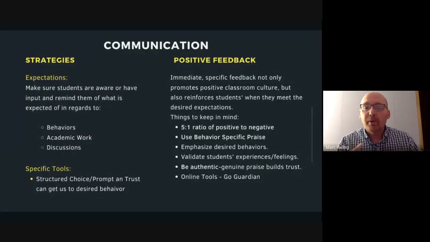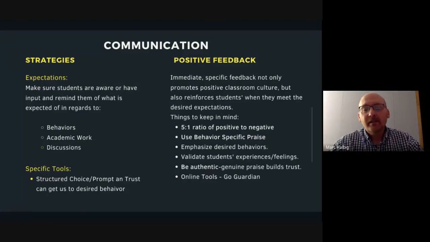So one way of doing that positive feedback is the 5-to-1 ratio. Now, I'll admit, that was never my strength. I can get pretty task oriented sometimes, and I get more involved in the to-do list. And I may be grateful for what the students are doing, but sometimes I forgot to communicate.